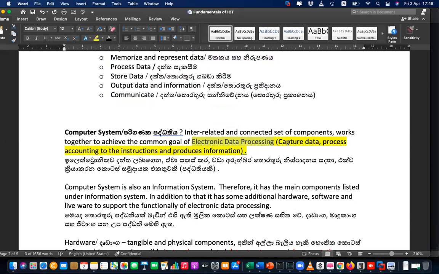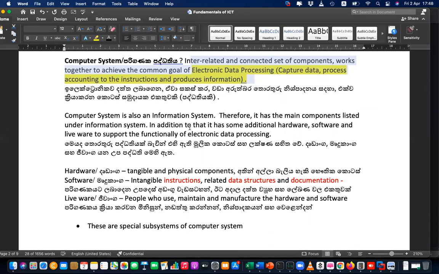It captures data, processes it according to instructions, and produces information. That is the task of the computer system. And in the computer system, as I said, there are some grandchildren. Who are they? Those are hardware, software, and liveware. These are the three special subsystems in the computer system.